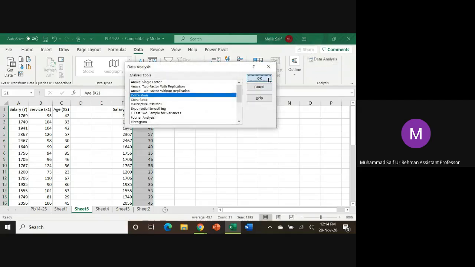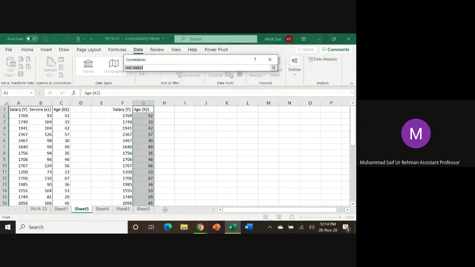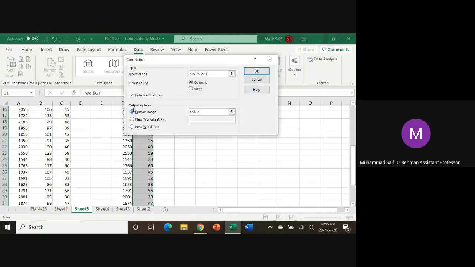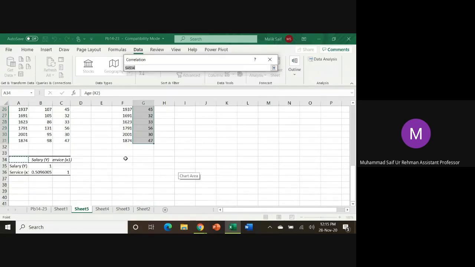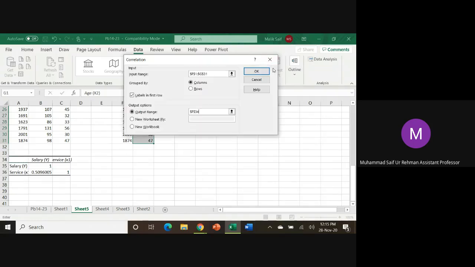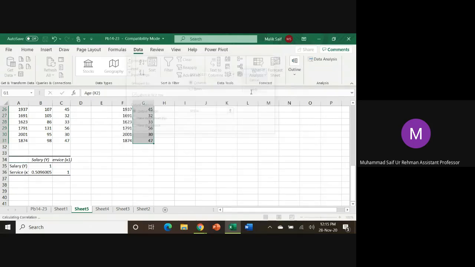Analysis, correlation. Tables are there where you want to have output. You want to have output over here. 0.255.